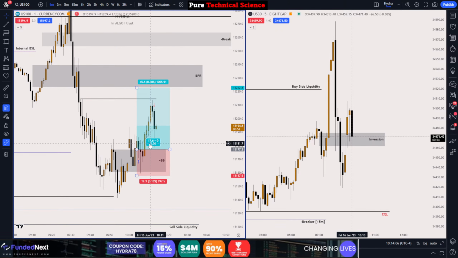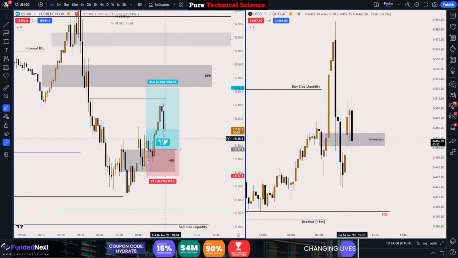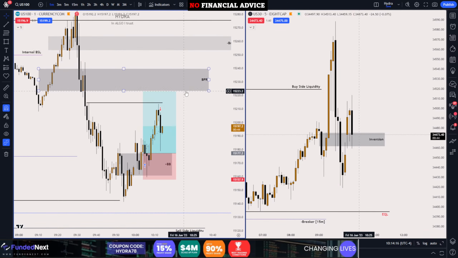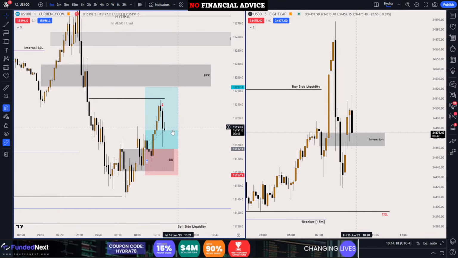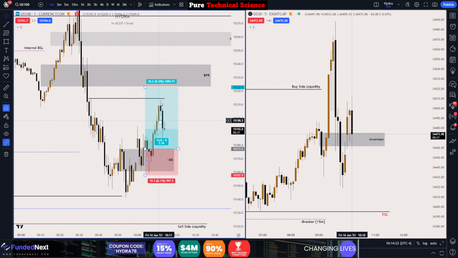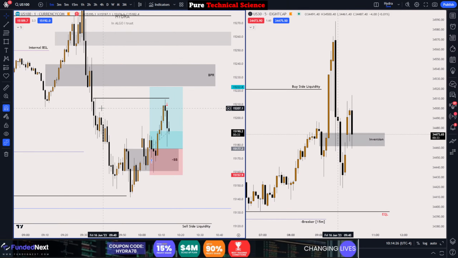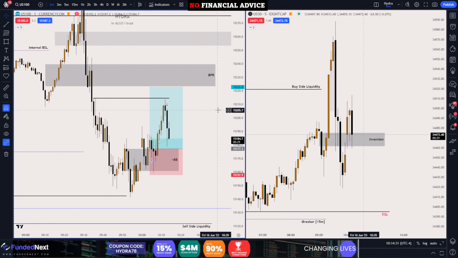And this one was a kind of setup that I will not take in my live funds, because look at the price action here. It was in a high resistance liquidity run. Eventually I know price will hit this BPR, but it's doing it by generating liquidity in a high resistance. It's staying in a high resistance liquidity, so there's no way I'm pushing the button today in my live funds.